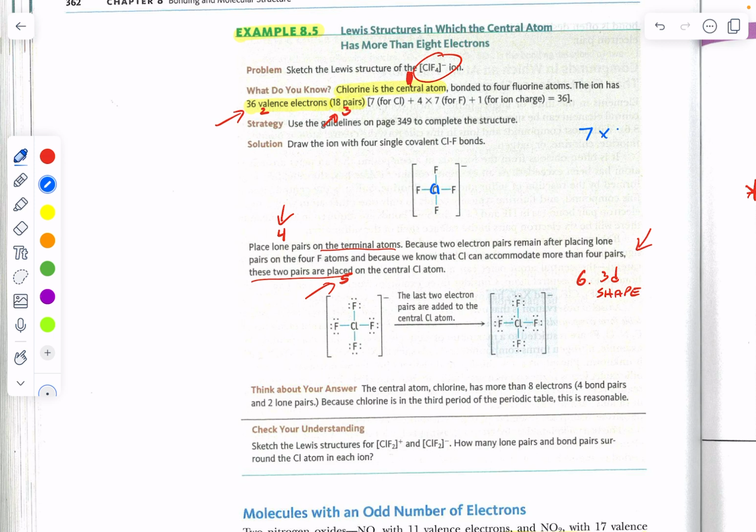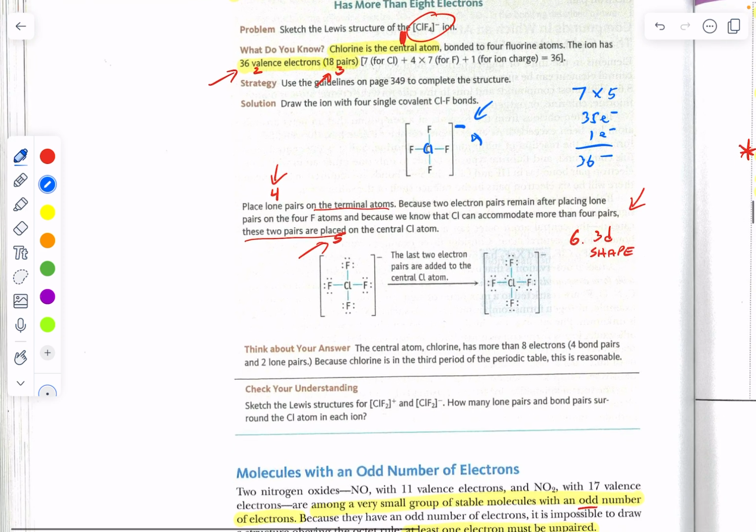And we've got 5 of them, 4 fluorines and 1 chlorine. That's where we get our 35 electrons from. Plus it's a negative charge, so we have to add another electron, and that's where we get our 36 electrons. Don't forget to check if it's a polyatomic ion or not. We divide by 2, and that gives me my 18 pairs.